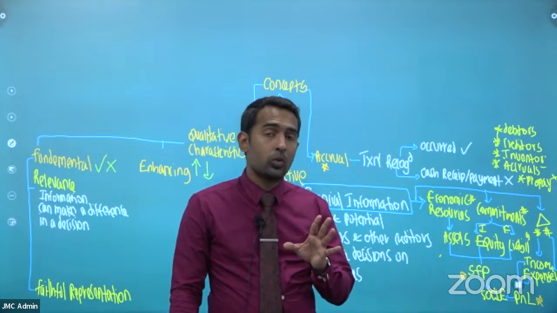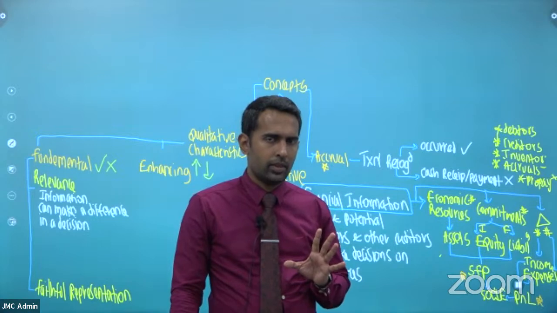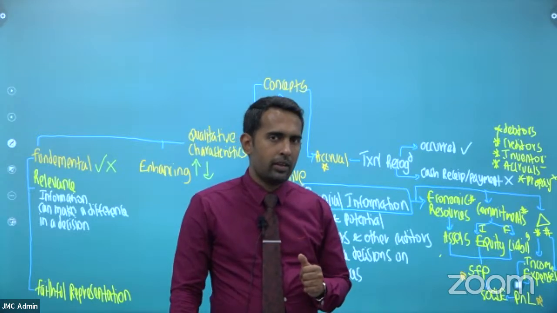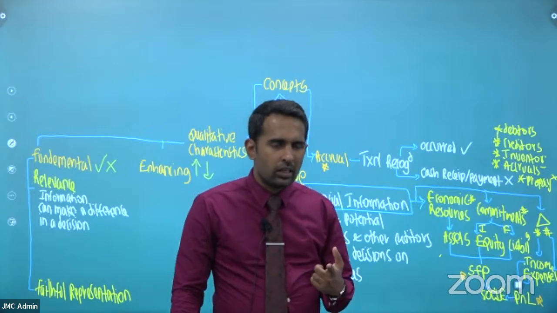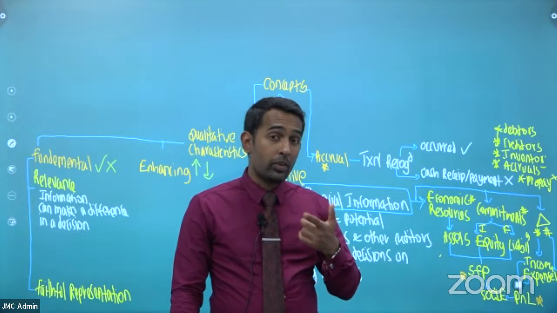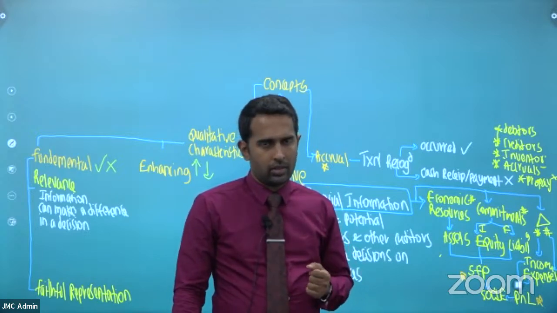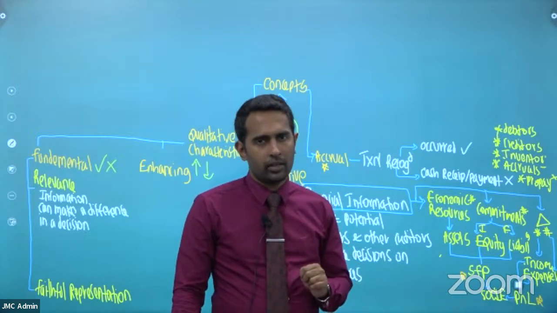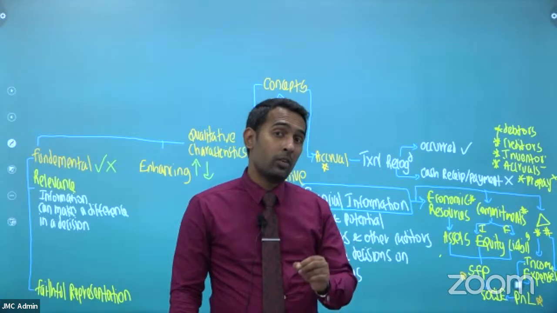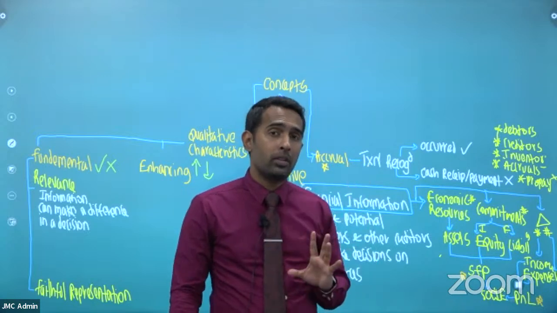Now, you got another piece of information saying in the previous year you made a profit of 20 million. This year only 2 million. And you're getting another piece of information saying your competitors have made a profit of 50 million during this year.